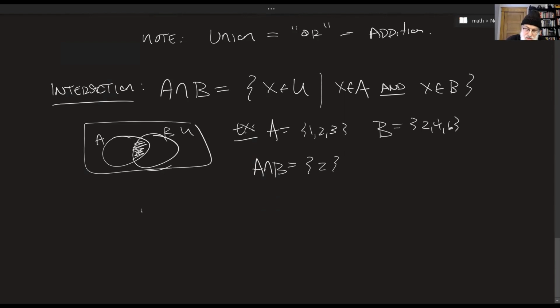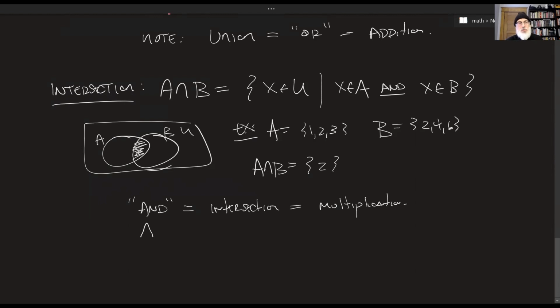And again, we should think of "and" as being the intersection. And we could think of it symbolically, logically, as the caret symbol. And we can also think of this as being multiplication.